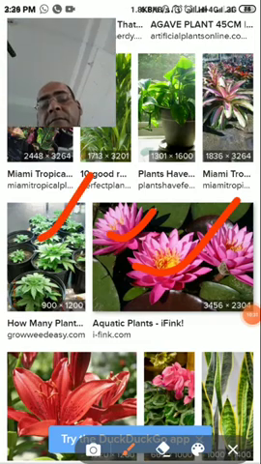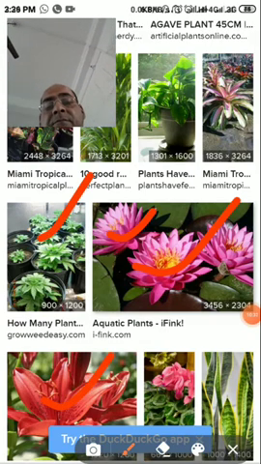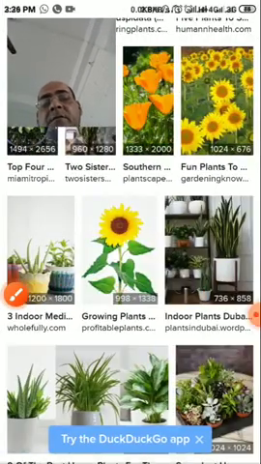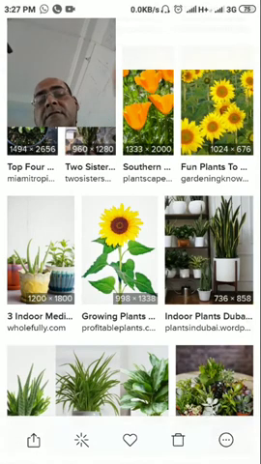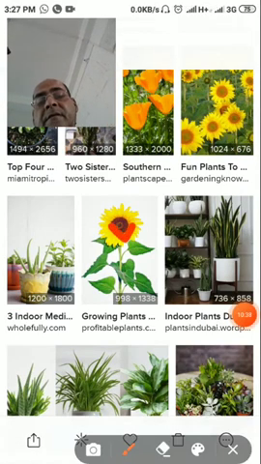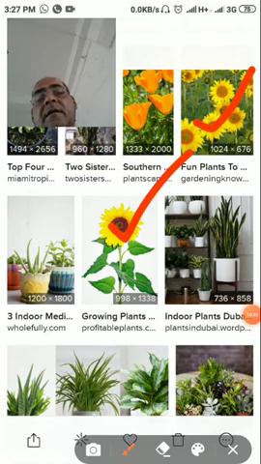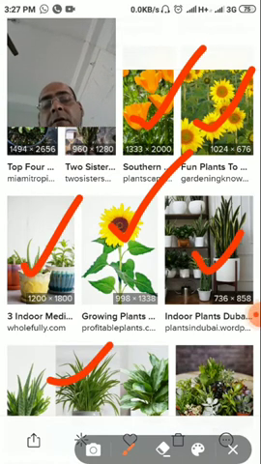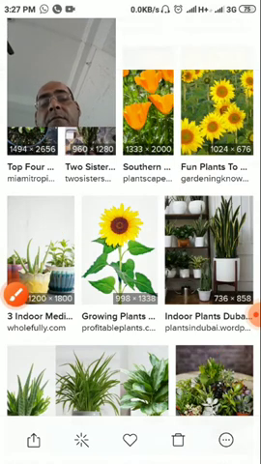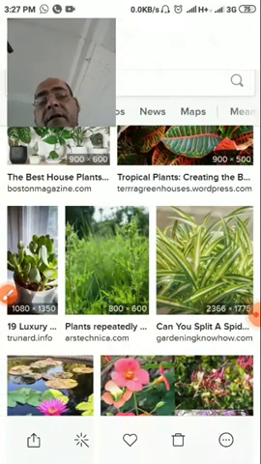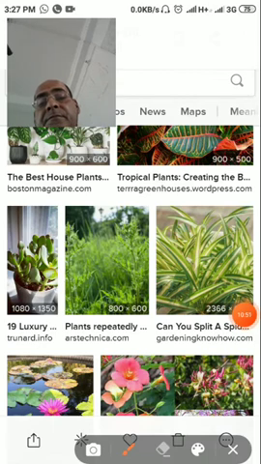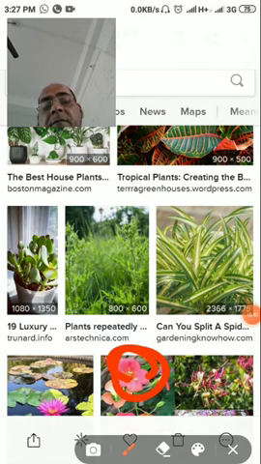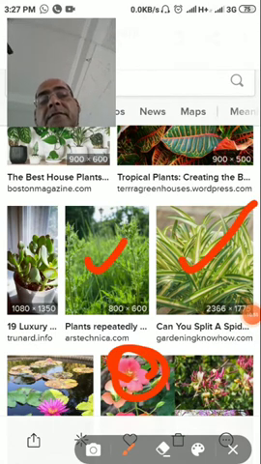These are the leaves, flowers. And dear students, come to other visuals. This is the sunflower, other flowers, home decoration. So you have to learn the ability of the plant. This is the flower, leaves.